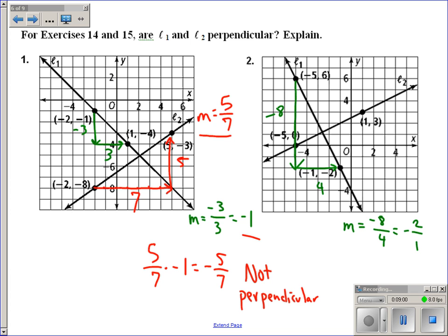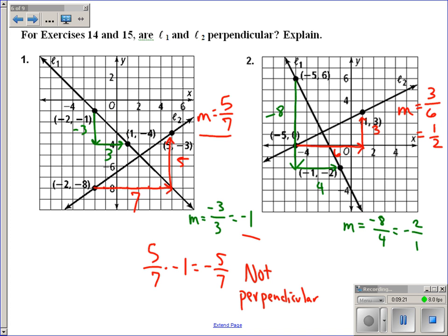But it may be useful to leave it unreduced. Now the second one, I'll draw on this. The rise is +3, and the run is 1, 2, 3, 4, 5, 6. So the slope is the rise over the run, or 1/2.